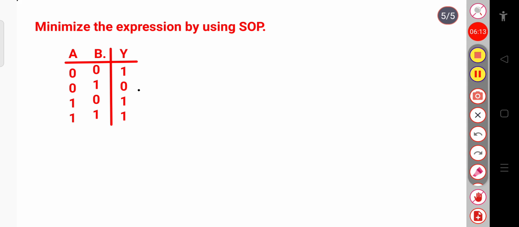So, this is the question, and we have to minimize this expression by using SOP.